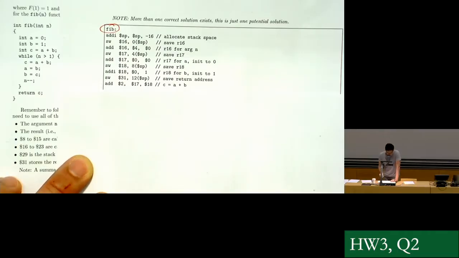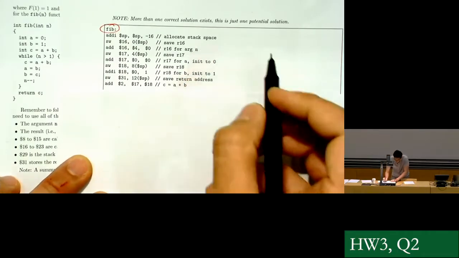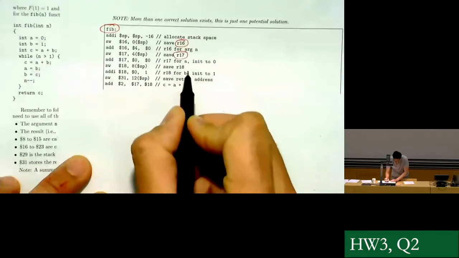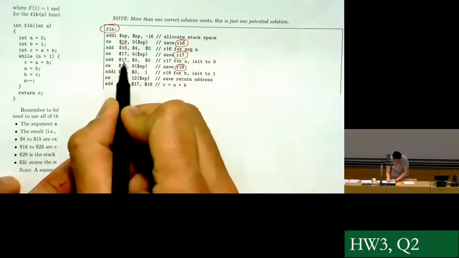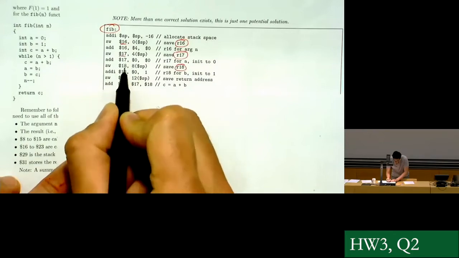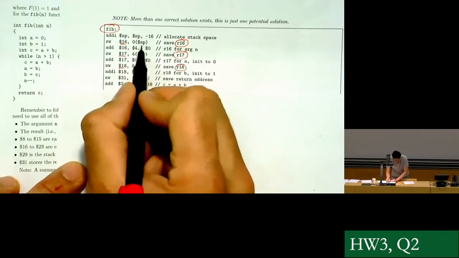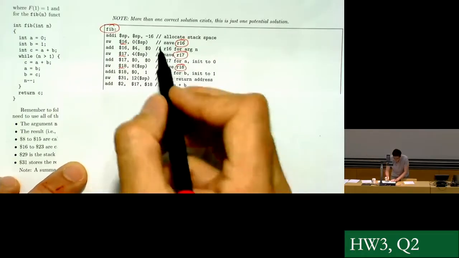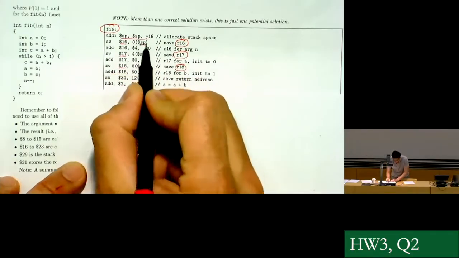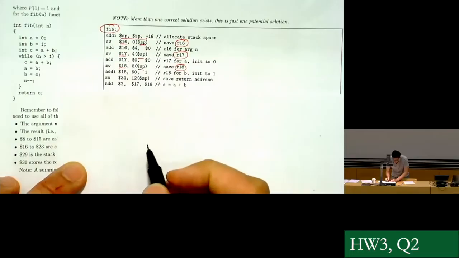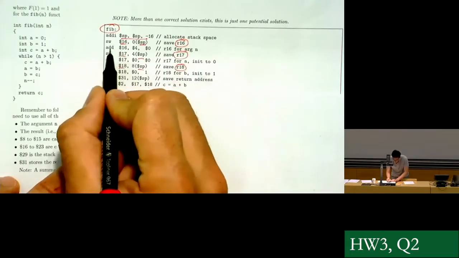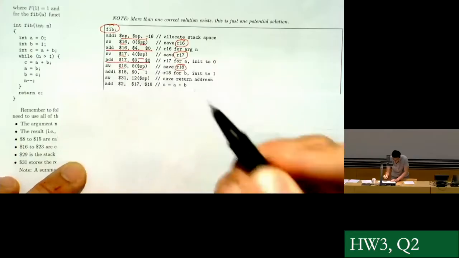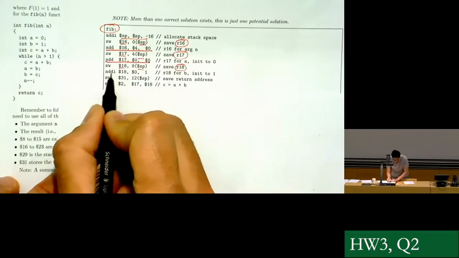That's why the first thing we have to do is saving the registers, in this case, registers 16, 17, and 18. We store them in some part of the memory that is pointed to by the stack pointer. And right after that, we initialize the registers with some values because we are going to use them.